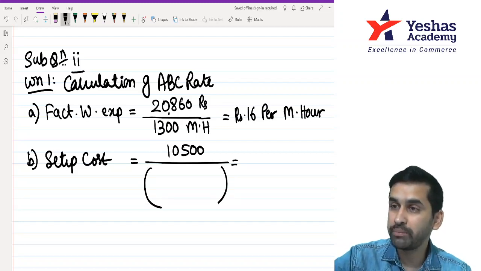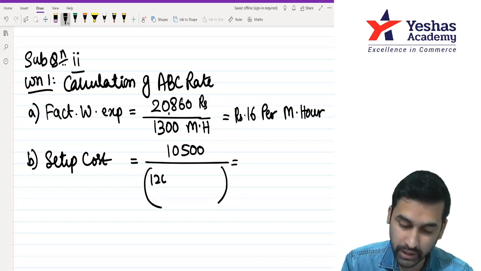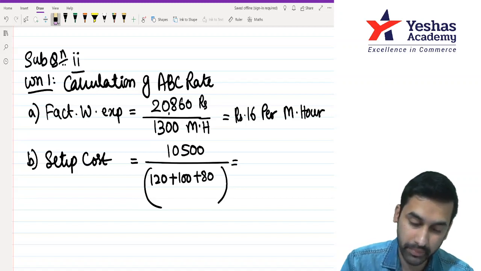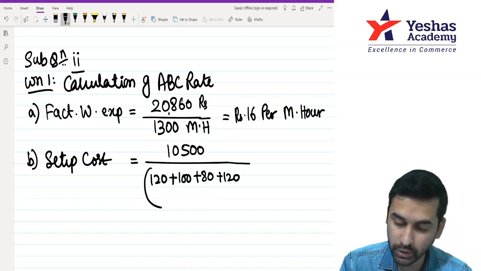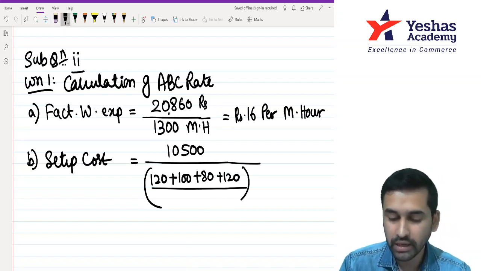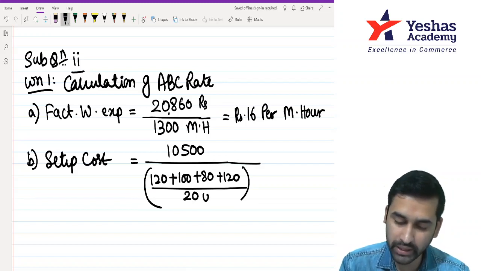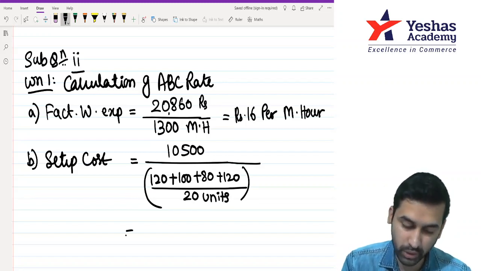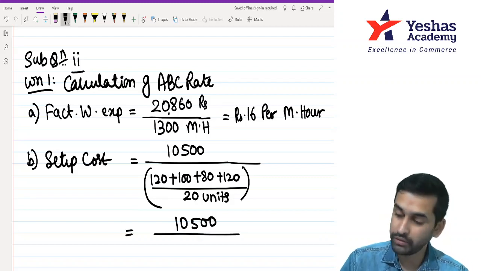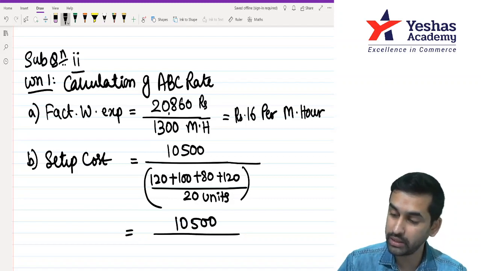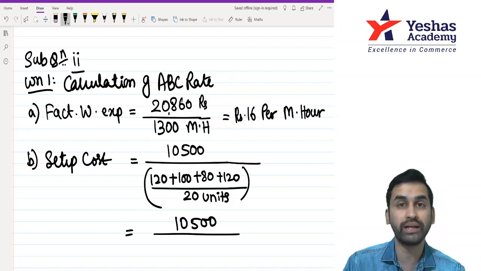Number of units of A plus B plus C plus D will be 120 plus 100 plus 80 plus 120. Right? Now this is total number of units you need to produce. Correct. And how much is your batch size? 20 units. That means one more line you will have to do here. 10,500 divided by, now first do this, 120 plus 100 plus 80 plus 120, 420 units.